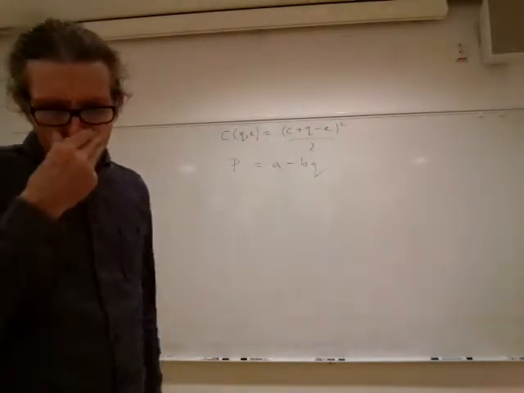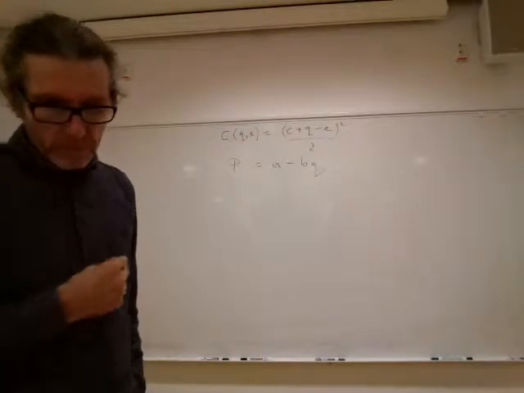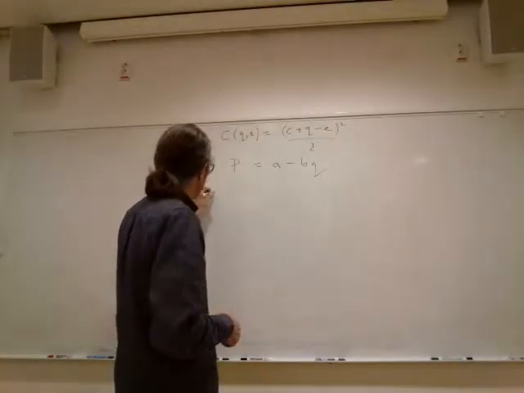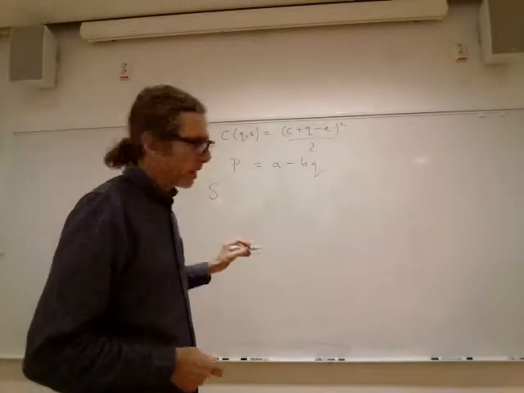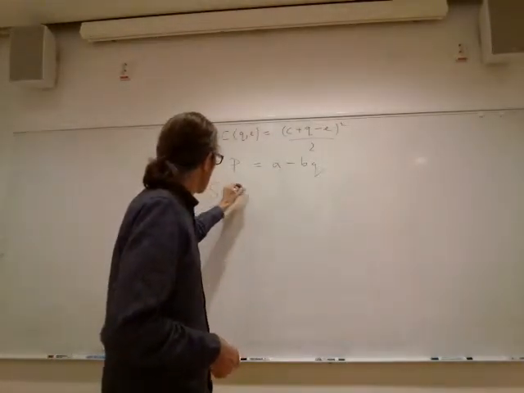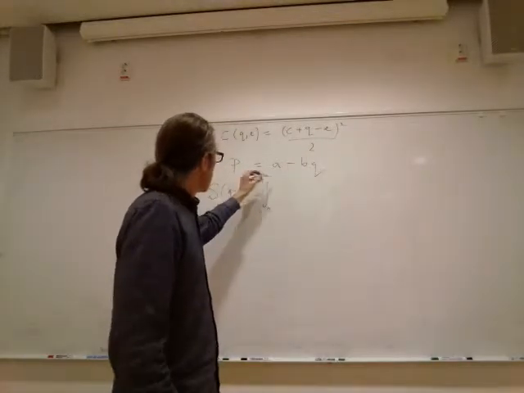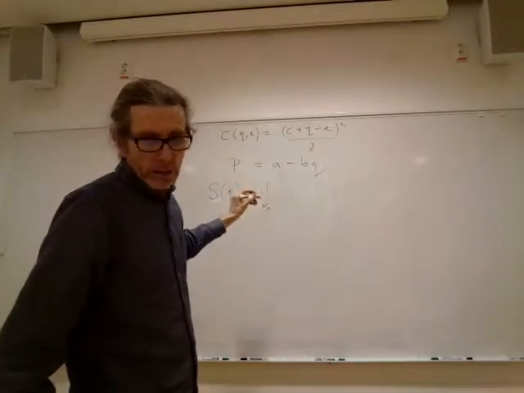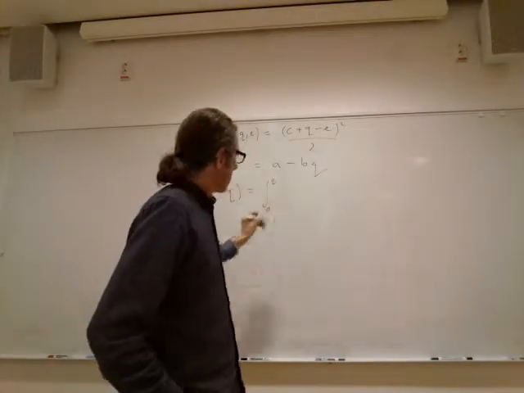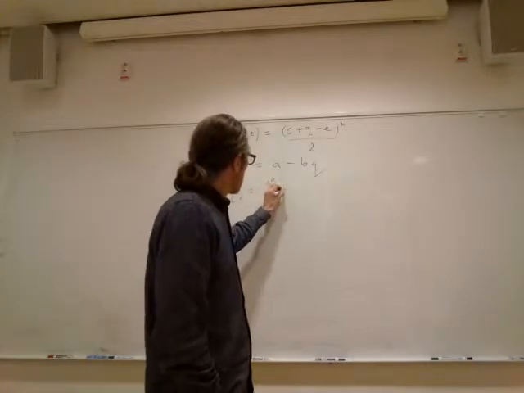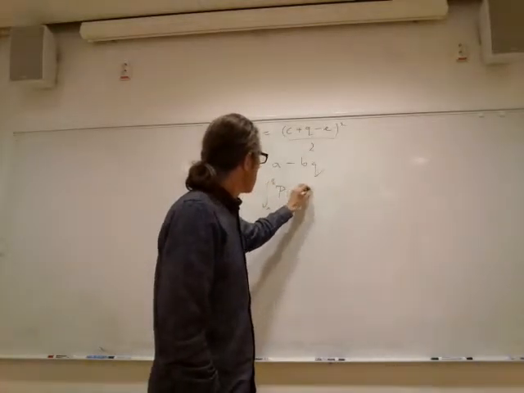But what's the benefit function? Well, the social surplus S, which is a function of Q, is the integral under the demand function, isn't it? The integral between 0 and Q of P of V dV.